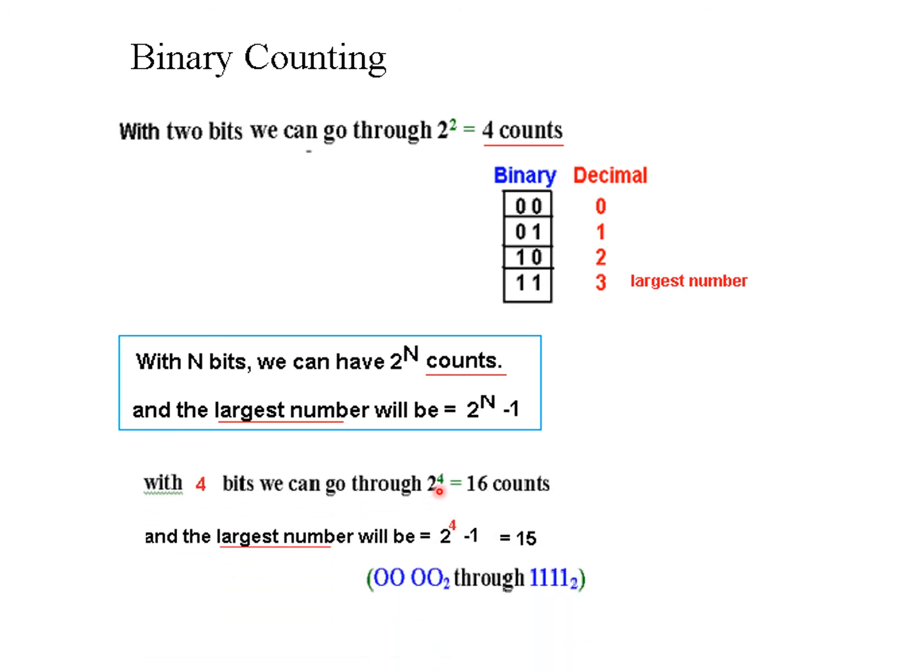And the same thing, 2 raised to the power 4 is 16, and 2 raised to the power 4 minus 1 is 15. So 16 counts, and 15 is the largest number for the case of 4 bits. So I hope this gives you an understanding of the difference between binary numbers and decimal numbers.